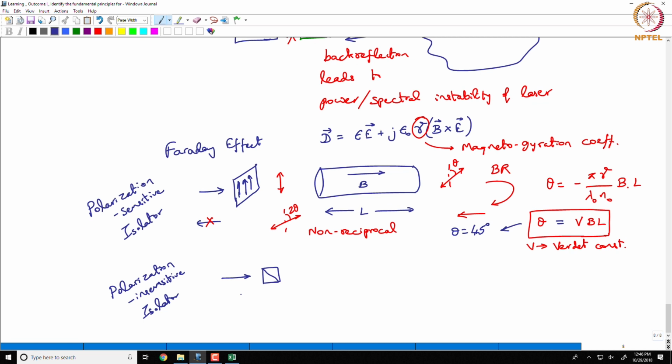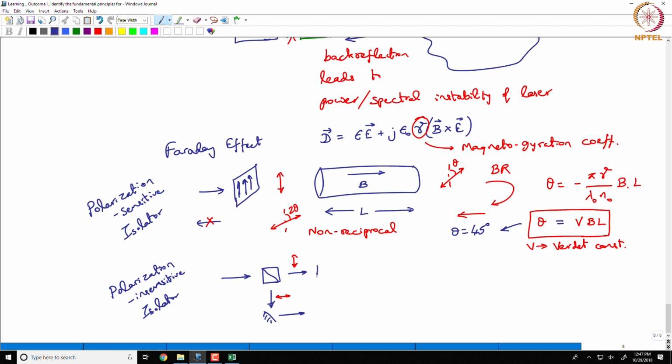So, you could have a polarization insensitive isolator, which basically says, okay, I will split my polarization such that my vertical polarization goes that way and my horizontal polarization goes this way, and then I would have a mirror here and then go through this.